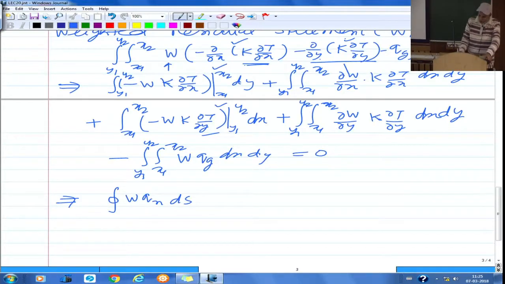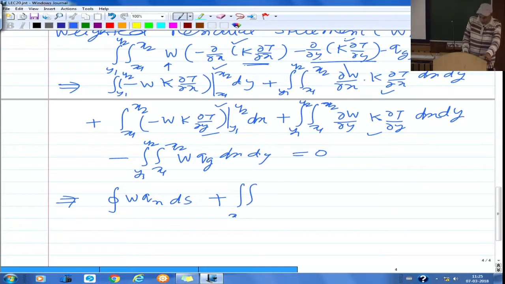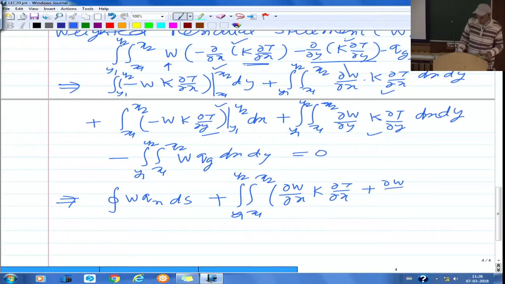The other terms remain the same, that is this term and this term, because they are domain integrals. So I can write the two together, integral y1 to y2, x1 to x2, and put both these terms together: del w by del x into k del t by del x plus del w by del y into k del t by del y, dx dy.